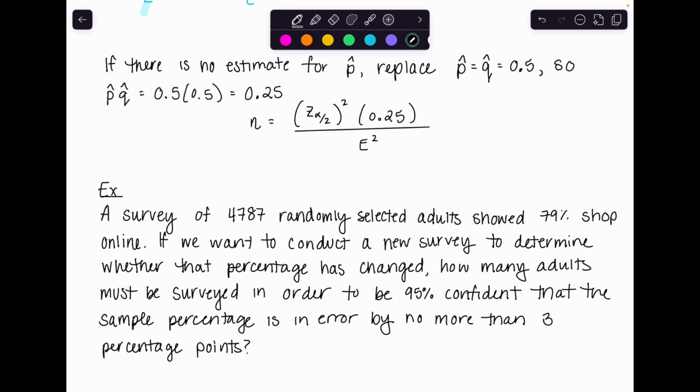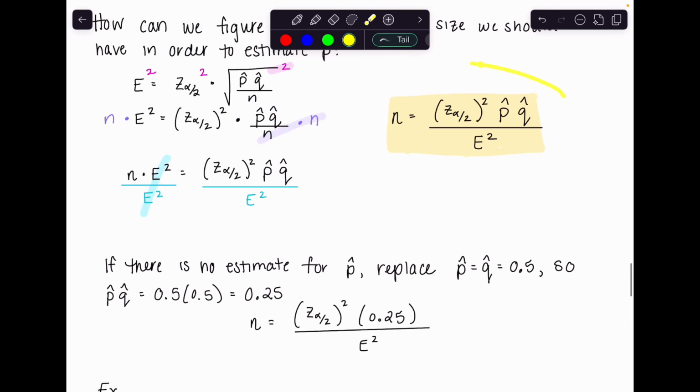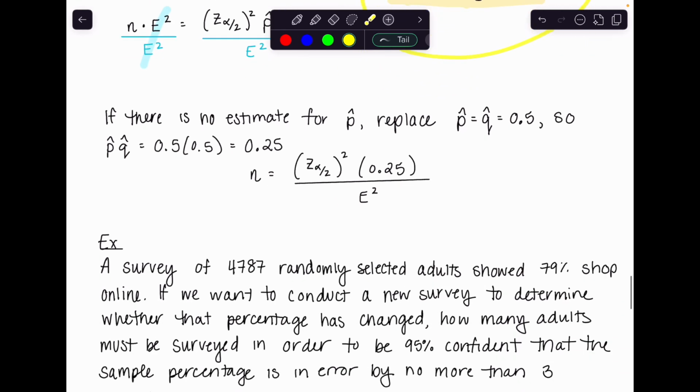If we wanted to conduct a new survey, maybe a couple years later, to determine whether that percentage has changed, how many adults must be surveyed in order to be 95% confident that the sample percentage is in error by no more than 3 percentage points? Okay. So in this case, I know my sample proportion, so I want to use this formula instead.